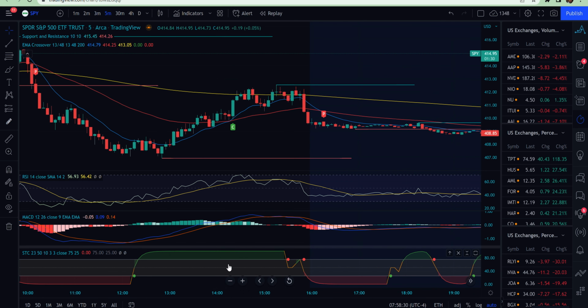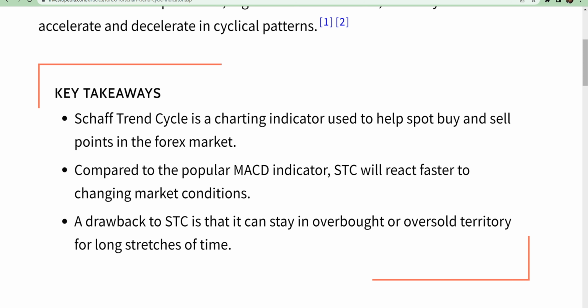Next up, we have the Schaff Trend Cycle. So the Schaff Trend Cycle is a charting indicator used to help spot buy and sell points in the Forex market. Now you can use it in the stock market. Now, compared to the popular MACD indicator, which we just went over, the STC will react faster to changing market conditions.